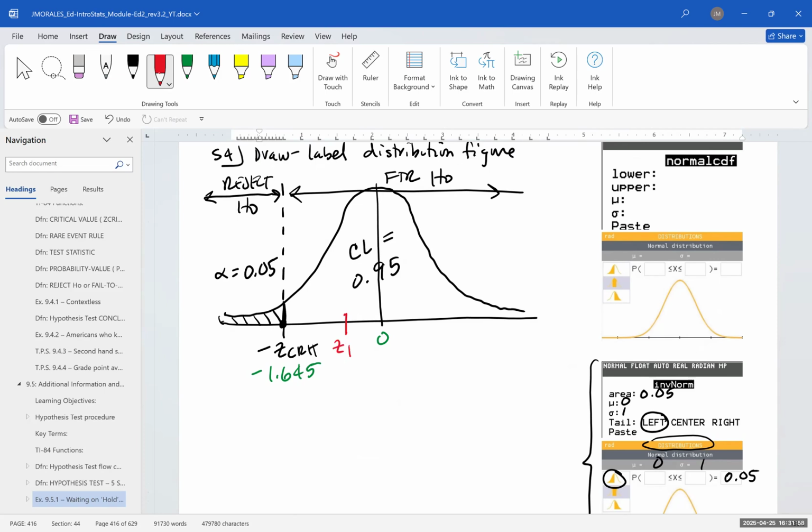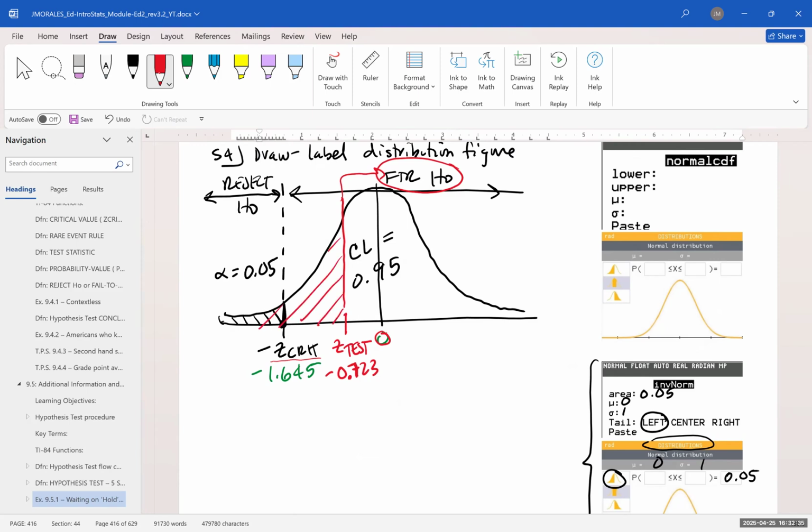So our test statistic is negative 0.723. Negative 0.723 is between 0 and our critical value. So right off the bat, this is going to tell us that we're going to fail to reject the null because the test statistic is to the right of the critical value. But the other thing we need to calculate is this p-value, right?